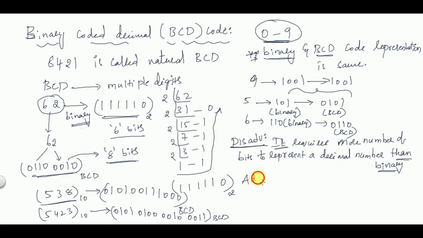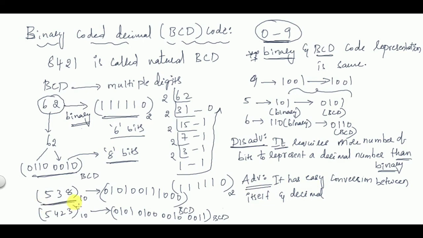And what is the advantage of using BCD code, and why is it so famous? It has easy conversion between itself and decimal.